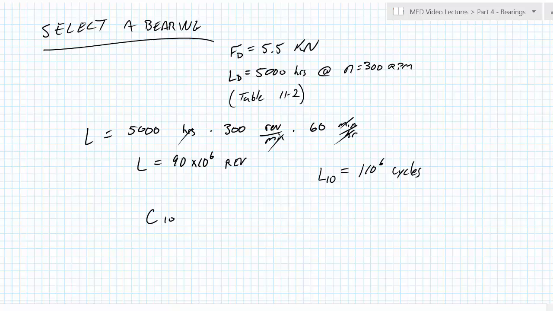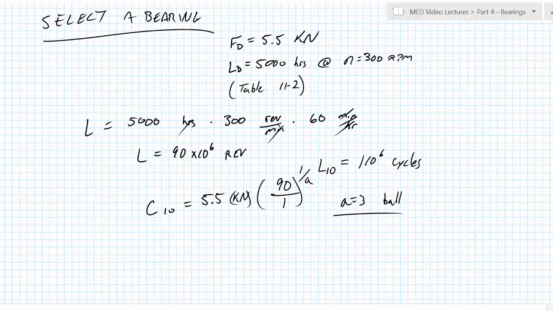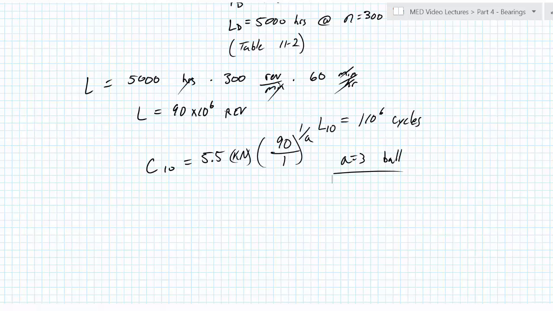So following that framework that we had before, we have the rated load that we're looking for is 5.5 kilonewtons multiplied times our desired life, which is 90 million revolutions, divided by 1,000,000 revolutions, raised to the 1 over A, where A in this situation is 3 if we're using ball bearings, 10 over 3 if we're using roller bearings.